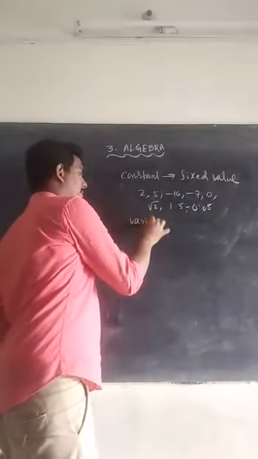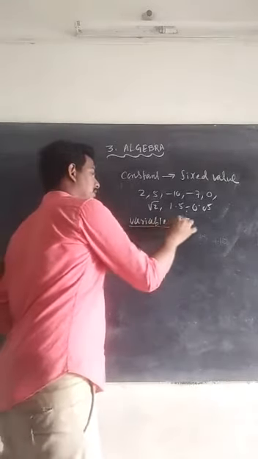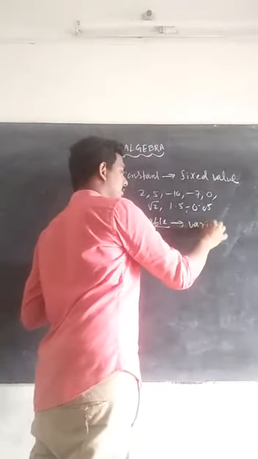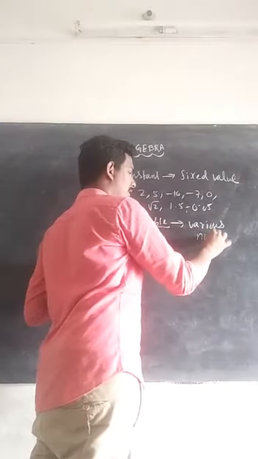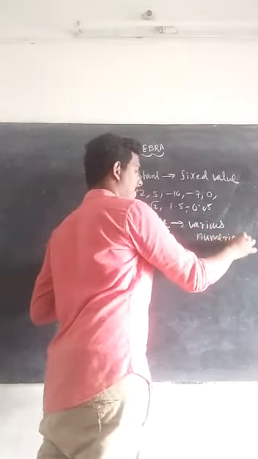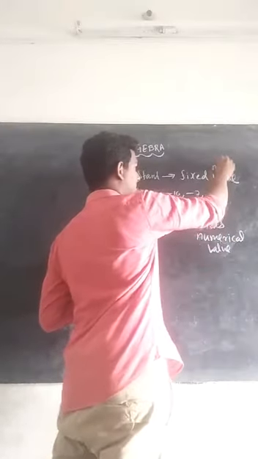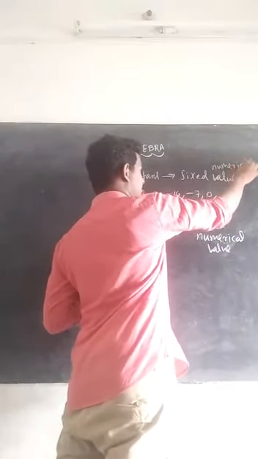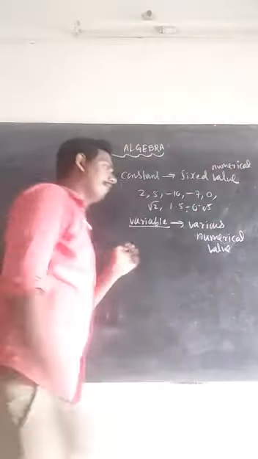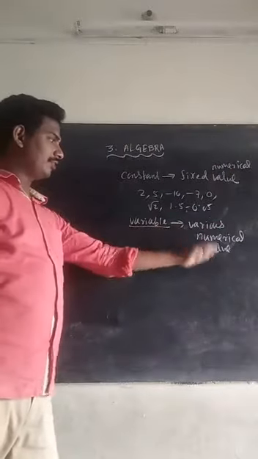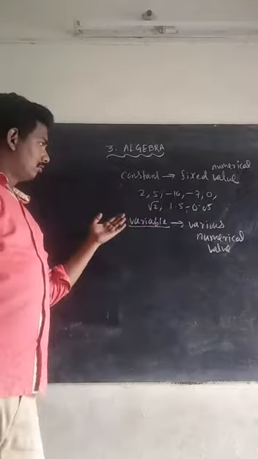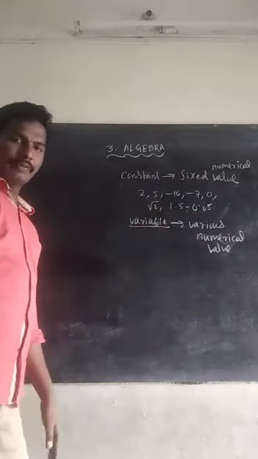Variable. Variable means various numerical values. A constant is a fixed numerical value, while a variable means various numerical values.